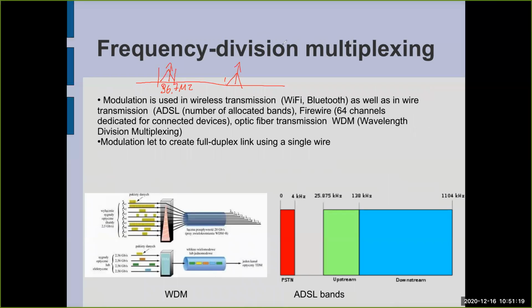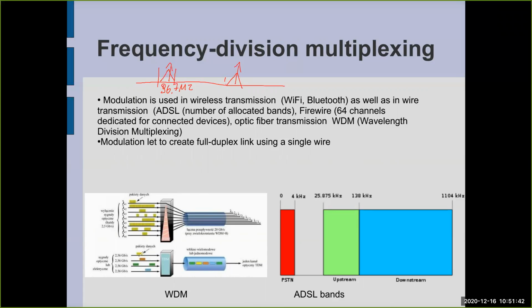So when we have optic fibers, in fact, we have two kinds of fibers. So we have single mode fiber. In this fiber, we are able to send only one wavelength, but we have also multi-mode fibers.